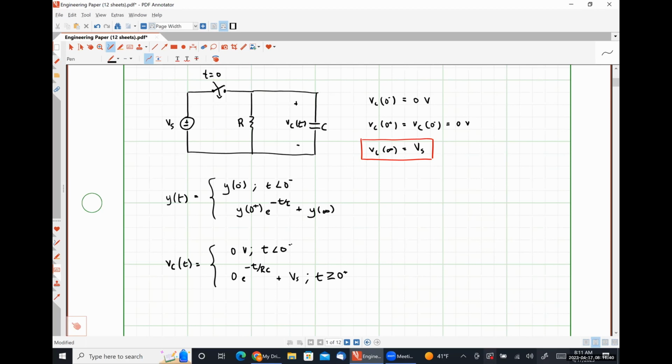So we're going to fix this by modifying how we calculate the coefficient of that exponential.